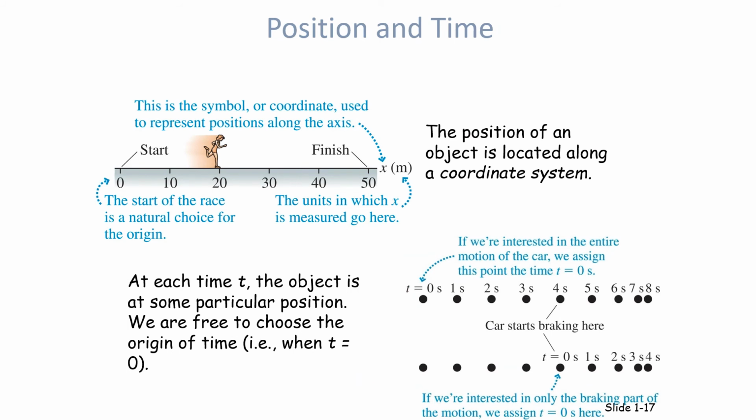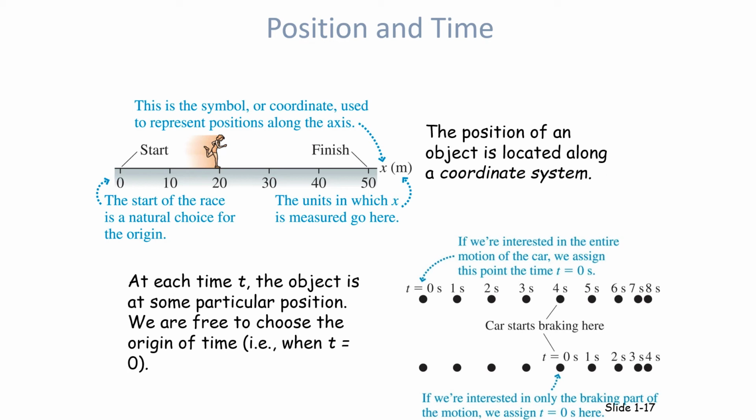So the position of an object is located on a coordinate system. So kind of like your X and Y axis, if you will. But for what we're doing with this one-dimensional kinematics, right now we're just focusing on the X, if you will. At each time, whatever the case may be, the object is at some particular position.